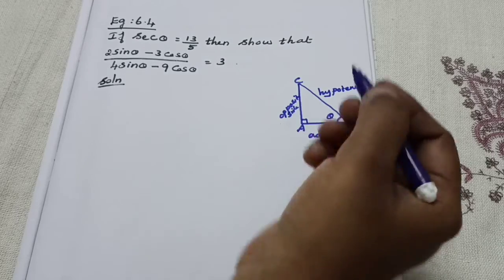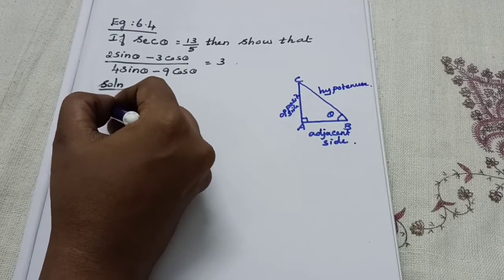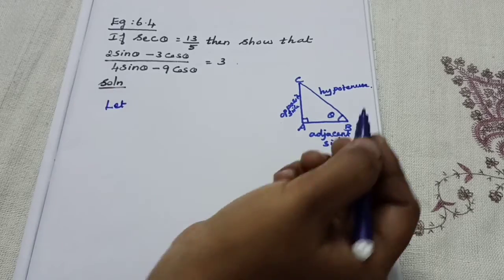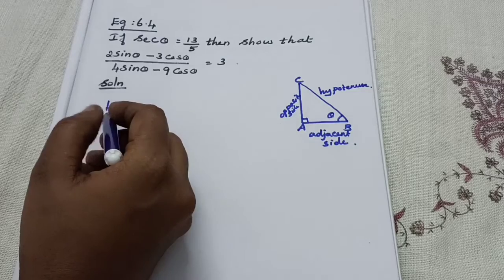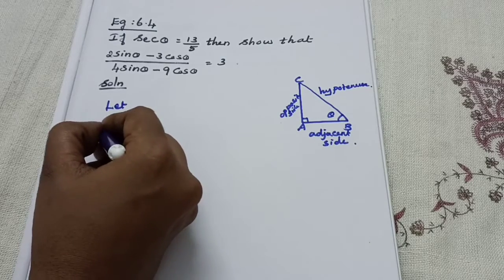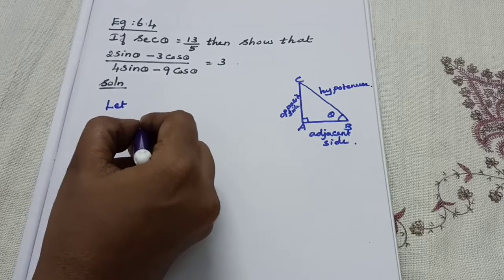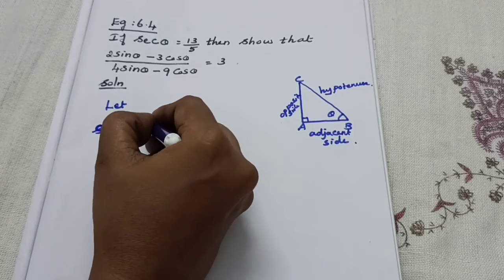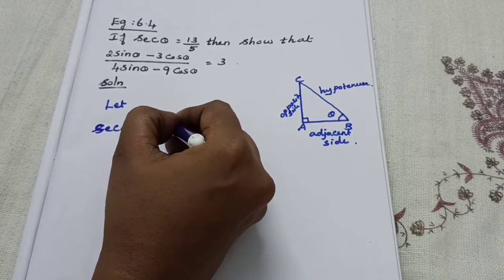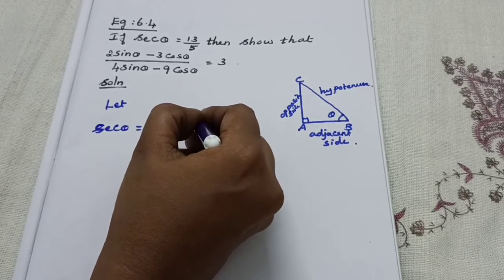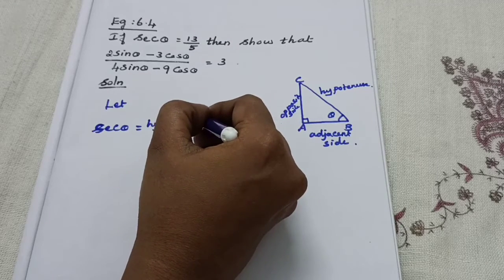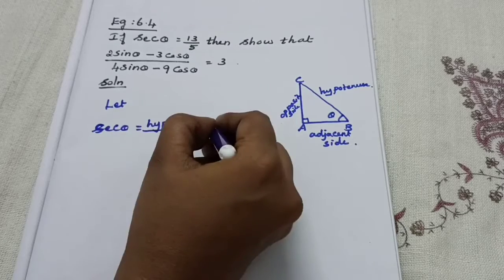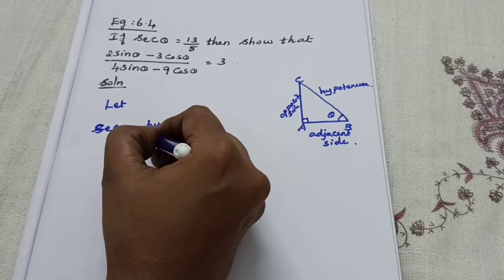Here AB we don't know, isn't it? Secant theta is equal to what's the ratio? Hypotenuse divided by adjacent side.